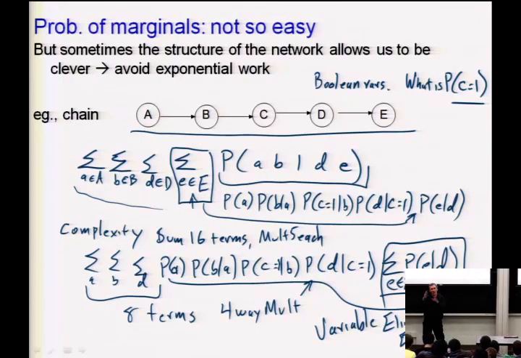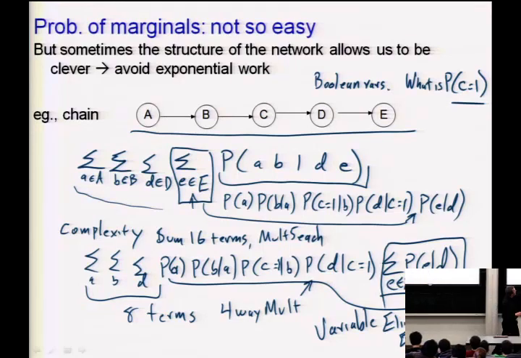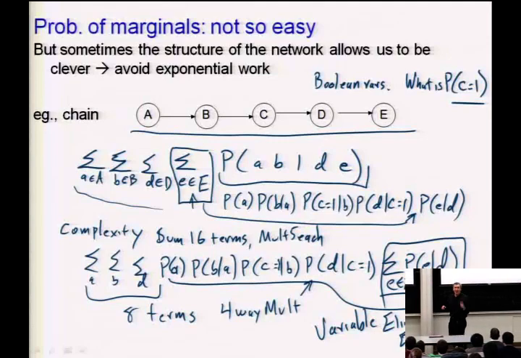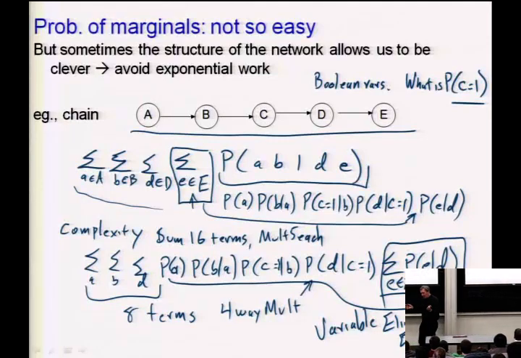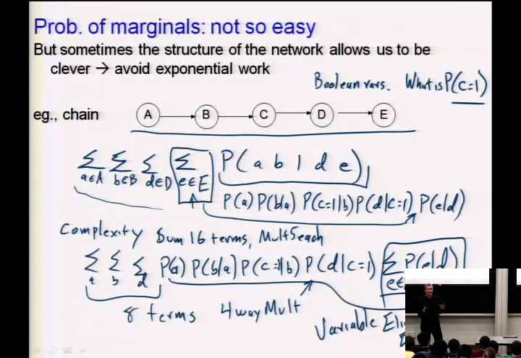Okay, so it's just a matter of rearranging, rebracketing the terms that we're working with, and noticing that we're going to be multiplying together these terms involving the variable E many times, and we can just do that once and for all and store the values given that D equals 0 and given that D equals 1.